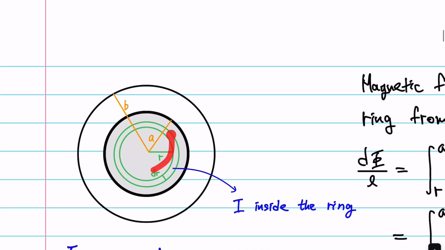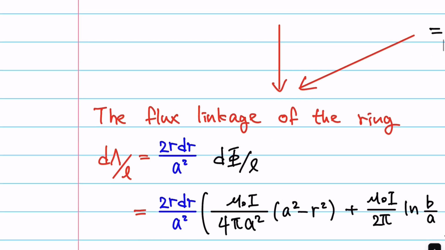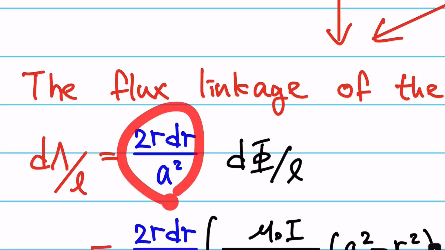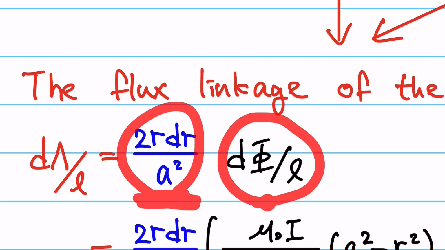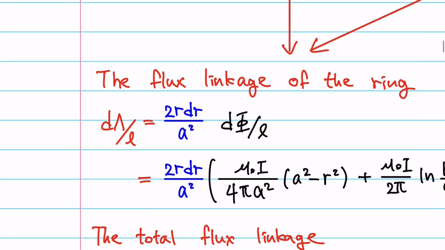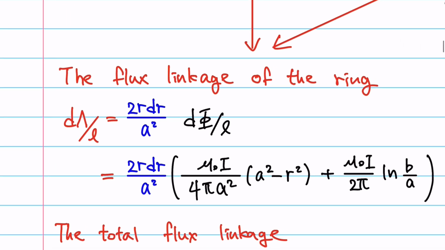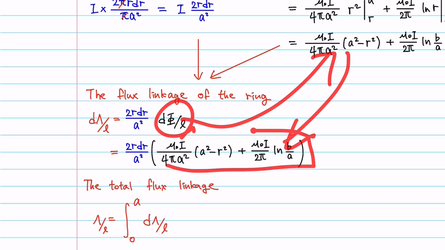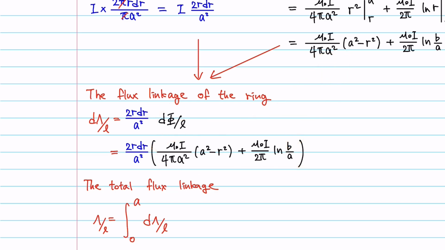But we have multiple rings inside, so we have to express the amount of current flowing in a single ring, which is expressed by this. That needs to be multiplied with the flux per unit length, and that gives us the flux linkage of the ring. Okay, and so if you replace, you get this equation that's multiplied.